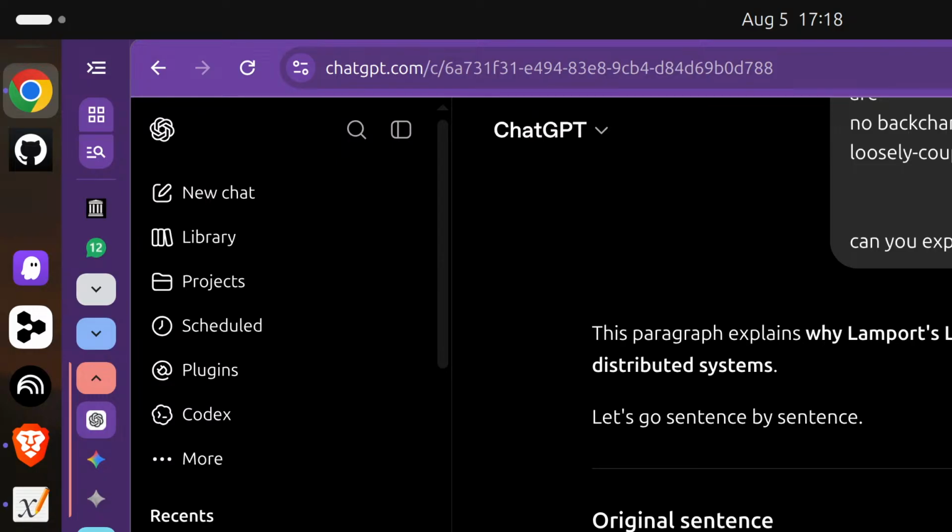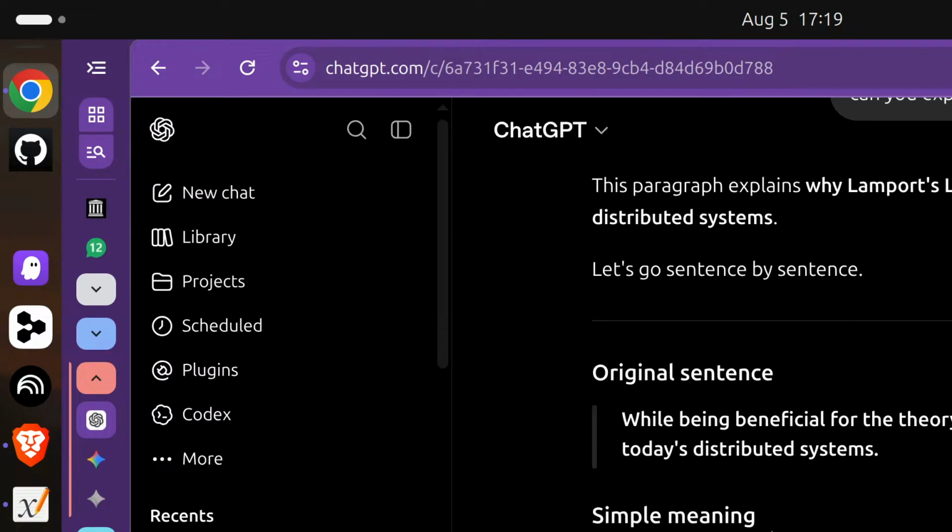This paragraph is explaining why Lamport logical clock is not enough for modern distributed systems, right? So the first sentence in the original paper is: while being beneficial for the theory of distributed systems, the logical clock is impractical for today's time.